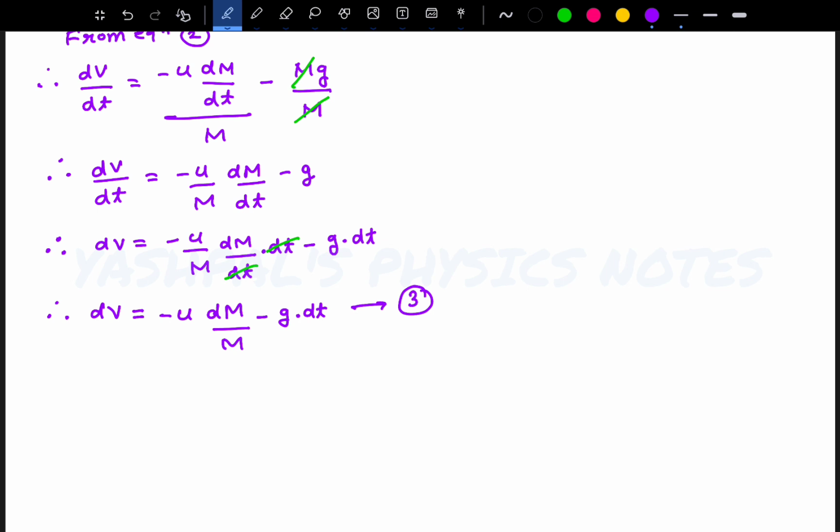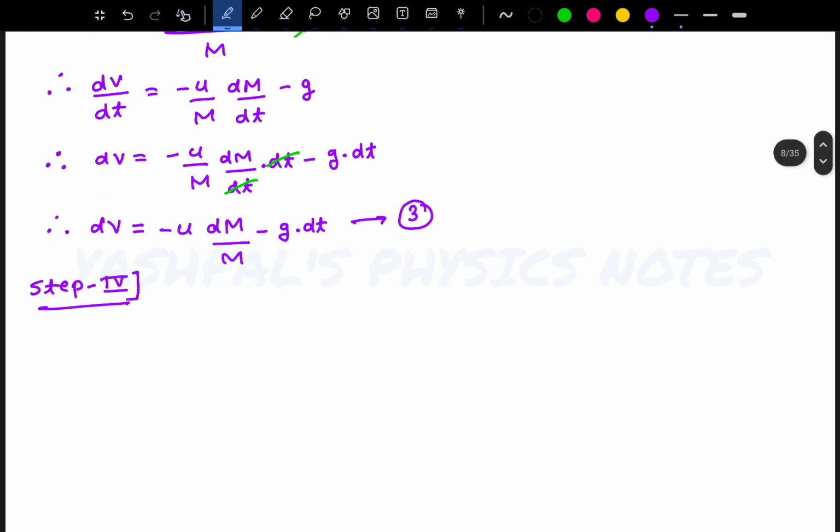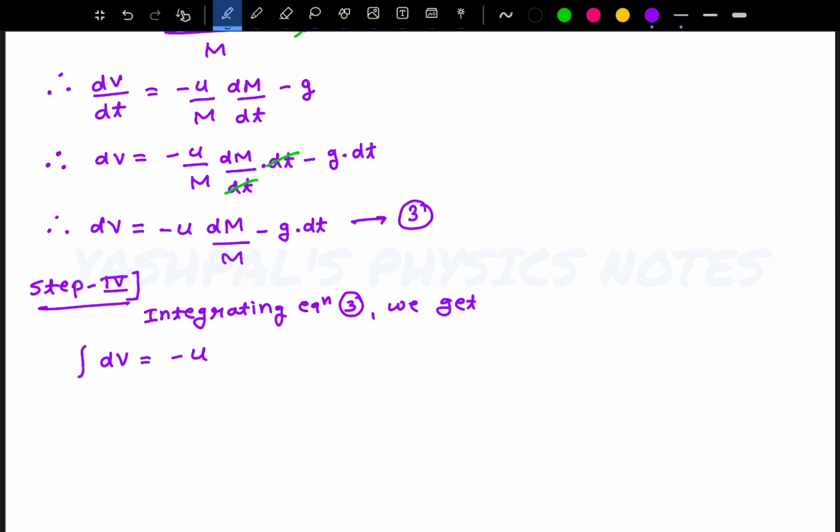Now here we are going to find the velocity of the rocket, that is capital V. So in the next step, that is step number 4, what are we going to do? We are going to integrate equation number 3. So in step number 4 I can write, integrating equation 3, we get, on integration, integration dv equals minus u, which is not changing.